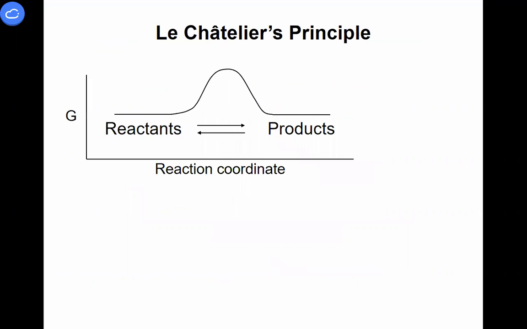Now, let's think about Le Chatelier's principle. Again, this hopefully is review for you, but we can imagine a case where we have a reaction that's reached equilibrium, but then we change the concentration of one of the reactants or the products. So let's imagine we slightly increase the concentration of the reactants.